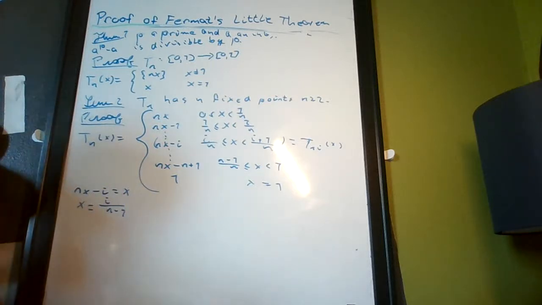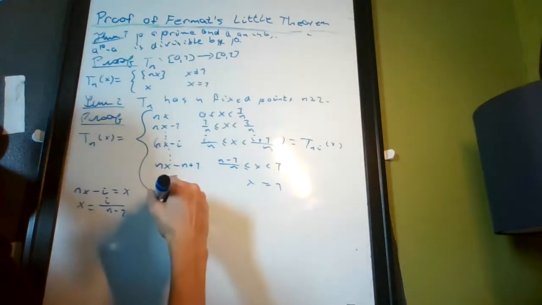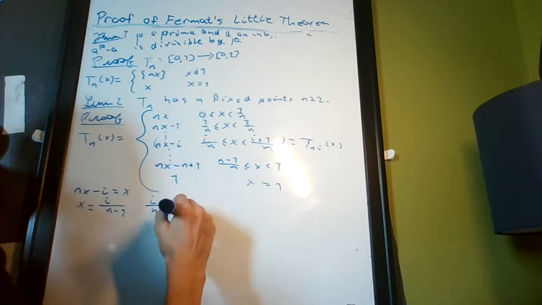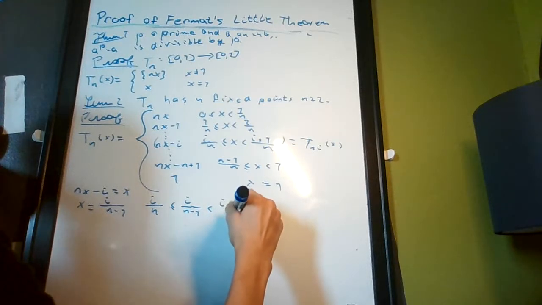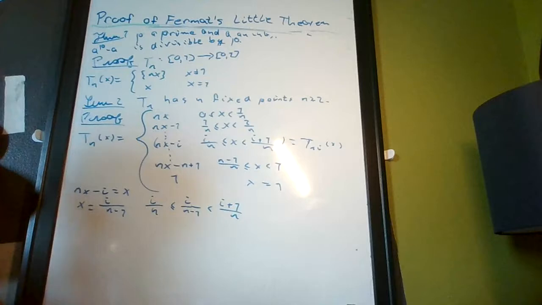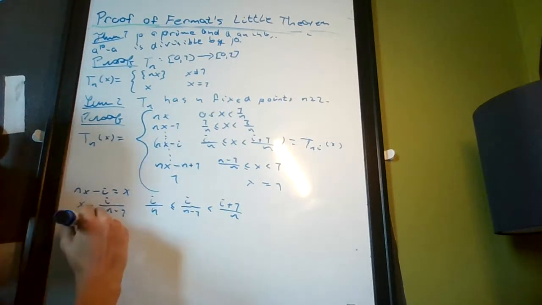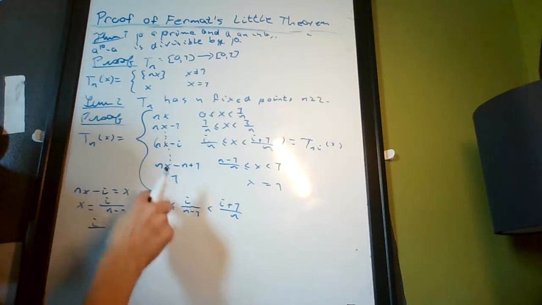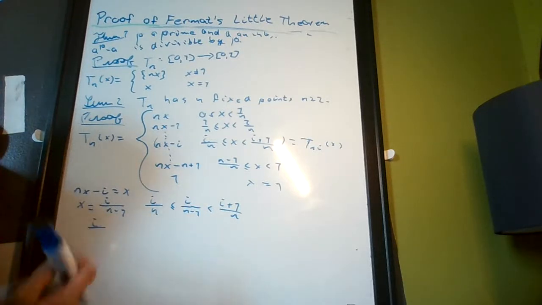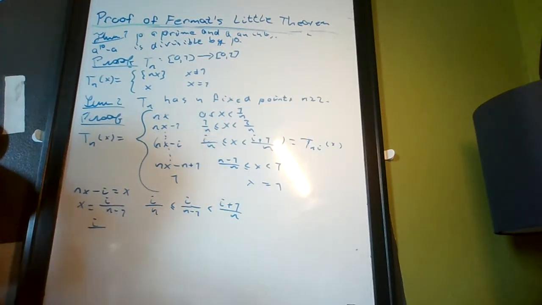Now how do I know that this x is going to be on the interval that we want it to be? Well, pretty simply, what you do is you make sure that i over n minus 1 will be a larger number than i over n, right? So that's pretty obvious.